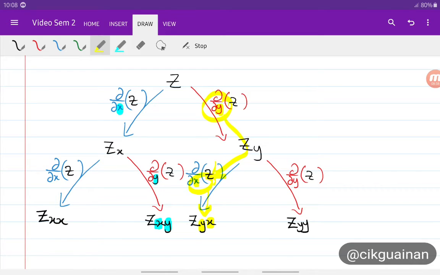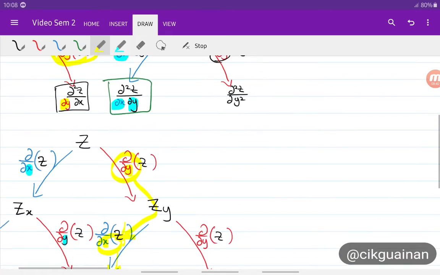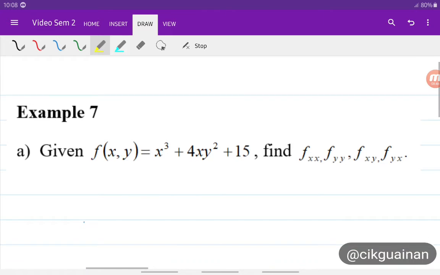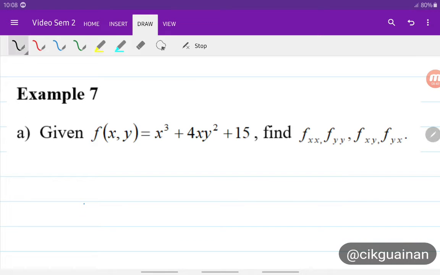I think maybe one example. Given f(x,y) = x³ + 4xy² + 15, find f_xx, f_yy, f_xy, f_yx. First thing first, we have to find f sub x.